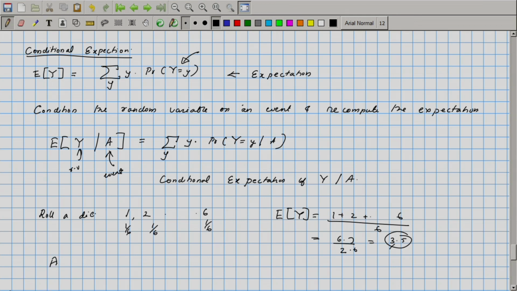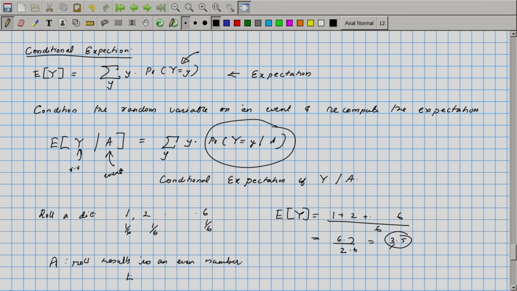Now, if I say the event A has occurred, and A being that the roll results in an even number. Okay. So, you are told that the result is an even number. Now, what is the probability? You have to recompute the probabilities and weigh them accordingly when you do the summation.